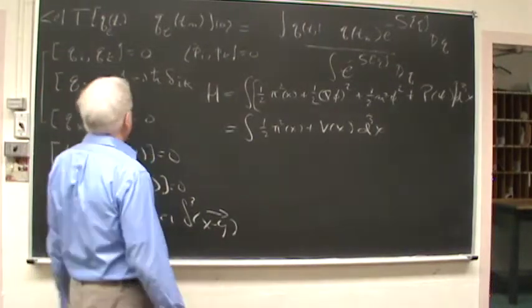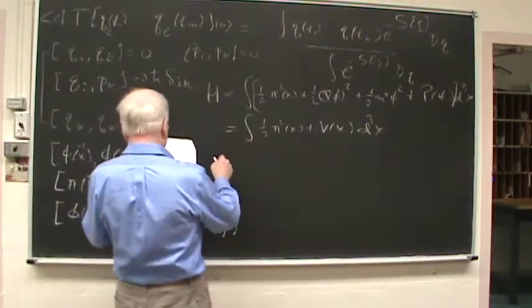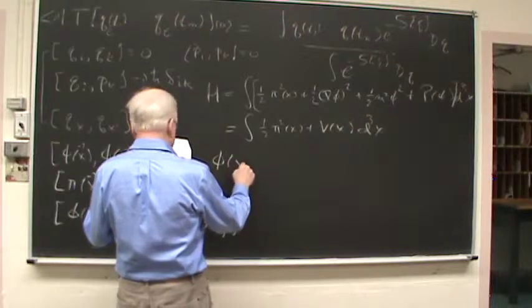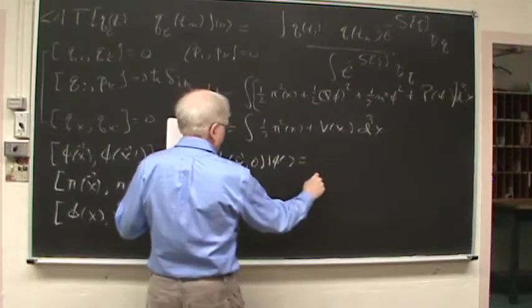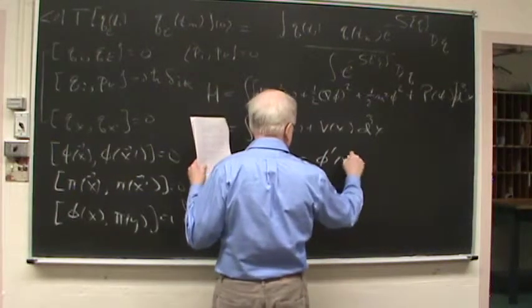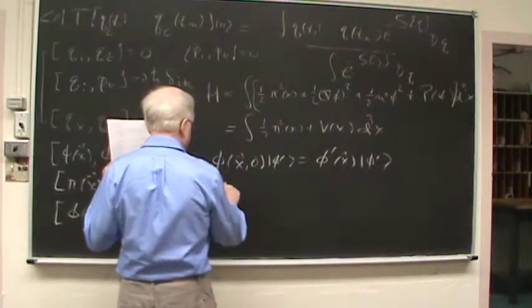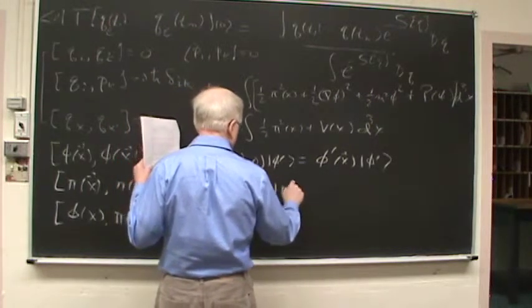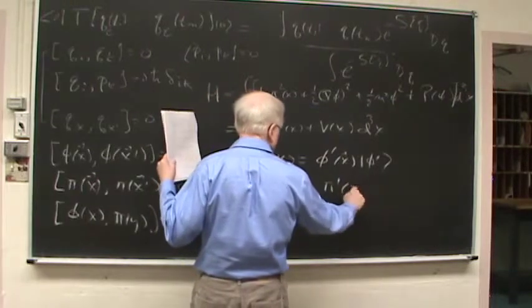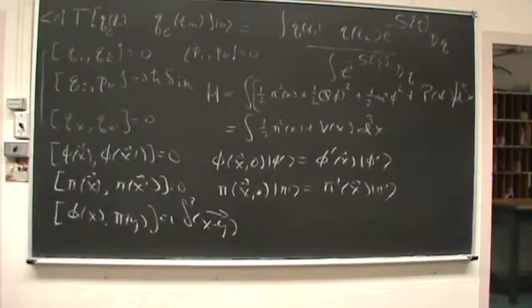Now, the analog of the q and p states in field theory, and I'm going to introduce this time label, this would be phi prime of x. And we can also have eigenstates of pi, again at time 0, and I can call them pi prime, and that would be pi prime of x. So we have eigenstates of phi and pi, just like the eigenstates of q and p in quantum mechanics.